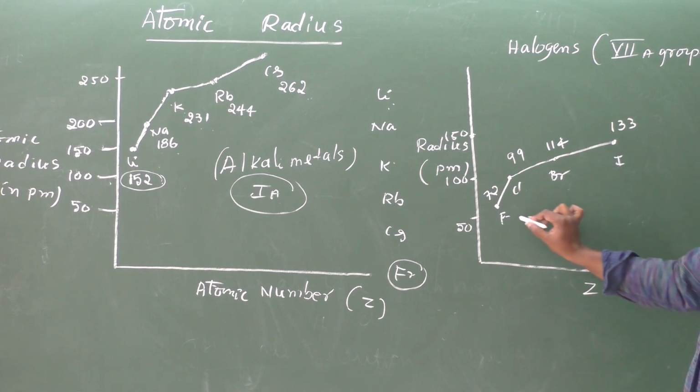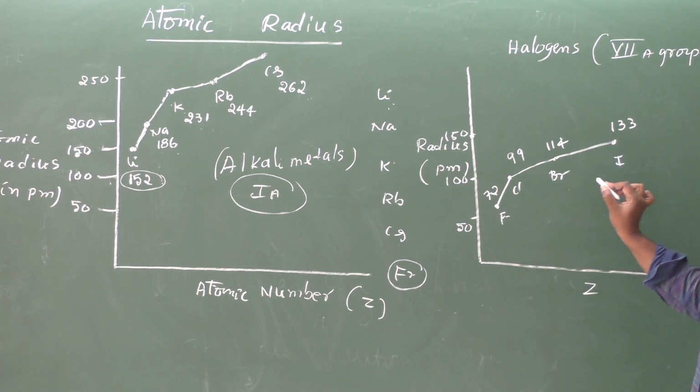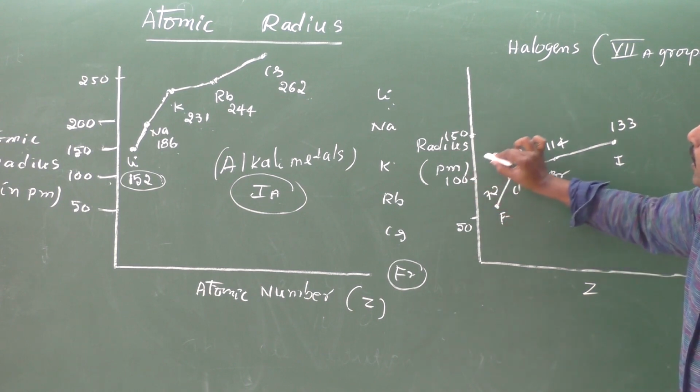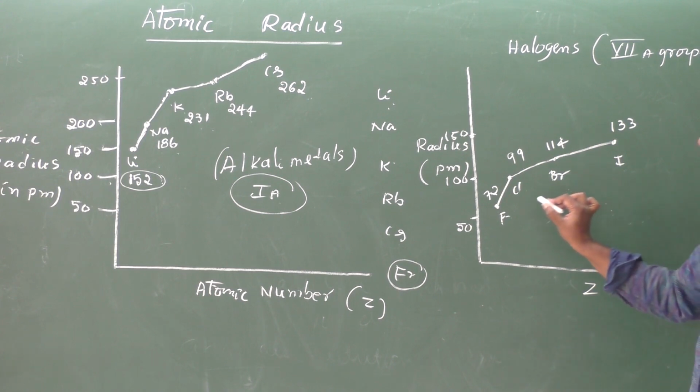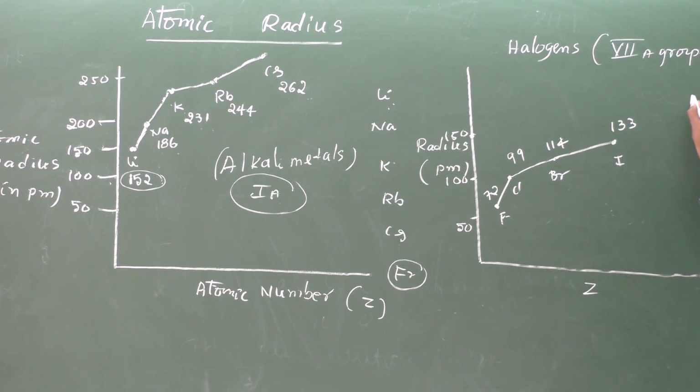What happened here? From fluorine to iodine, atomic radius gradually increases. This graph indicates that from fluorine, chlorine, bromine, iodine, fluorine is this much, chlorine is this much, bromine is this much, iodine is this much.